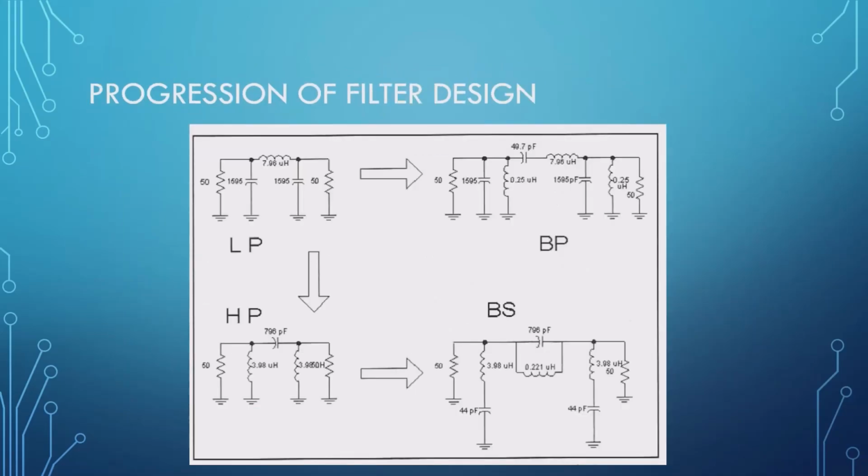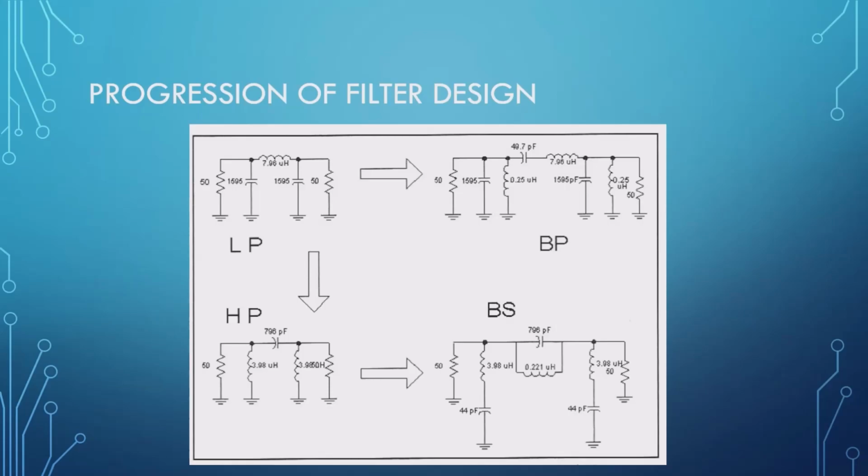Okay, I took this straight from the ARRL handbook, and this is just the progression of filter design. If you want to build a bandpass filter, you start out with a low pass filter, and then you add in the necessary inductors and capacitors to build the bandpass filter, to do your low end and your high end.